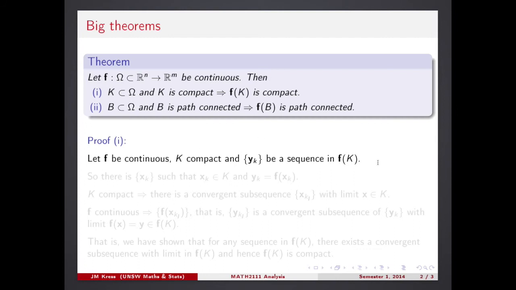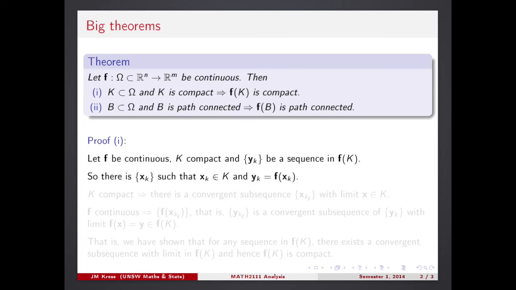I have to convince you that if I take any sequence in the image, f(K), it will have a converging subsequence. So here's my sequence, y_k. It's a sequence in the image. Because it's a sequence in the image, it must have some points which produce that sequence.